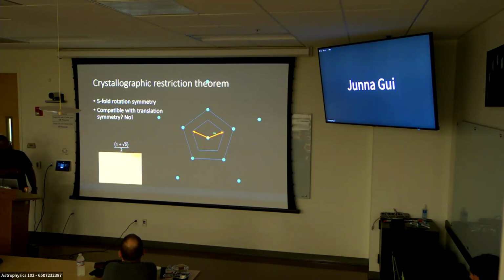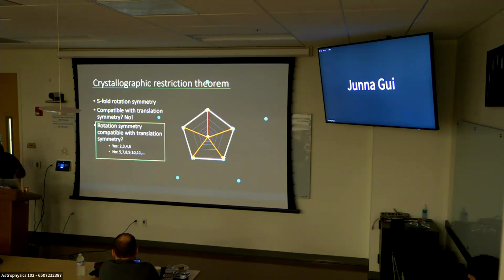But if I take the new pentagon and define new lattice vectors, and do this process again, I get a smaller pentagon by a factor of the golden ratio. So you can do this ad infinitum, and you find that it is specifically the 5-fold rotation symmetric nature of this that leads to it not jiving with translation symmetry.